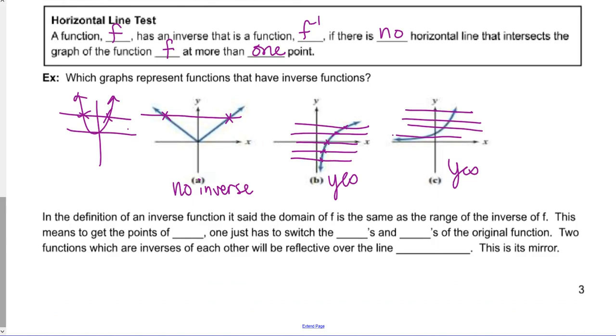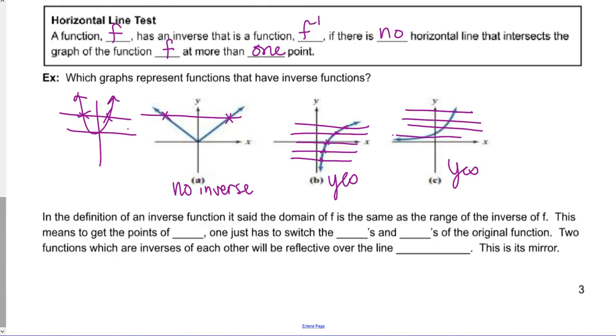In the definition of an inverse function, it is said that the domain of f is the same as the range of the inverse of f. We're going to actually now give a graph. Can you graph the inverse of that? That's where we're leading on these last couple problems.